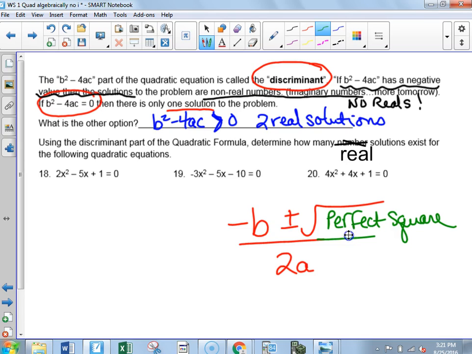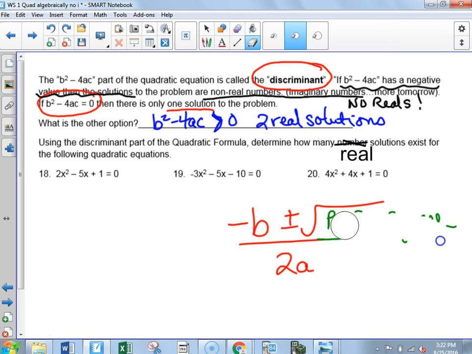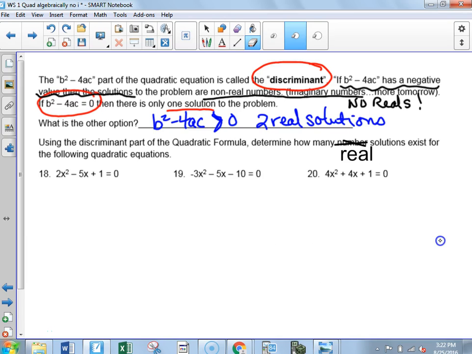Because you'll get a nice number. Everybody okay? Okay, they're called rational solutions. It could still be fractions when that's over 2, but you're not going to get crazy decimals or irrational solutions. It's not going to have a square root anymore. But any other positive number will result in two crazy decimals or irrational solutions.